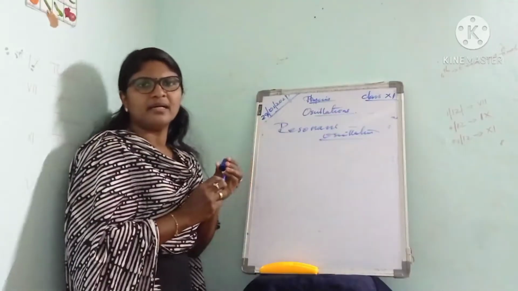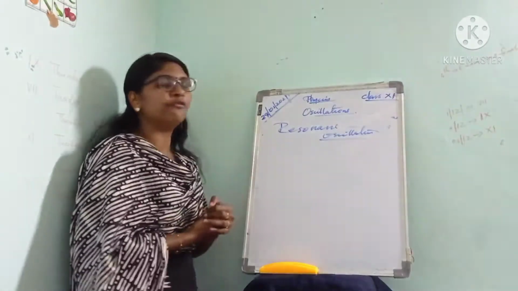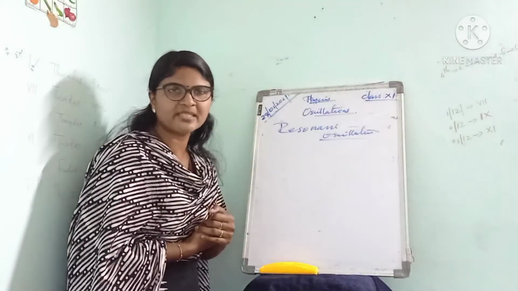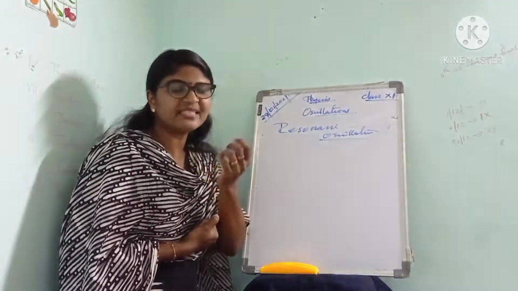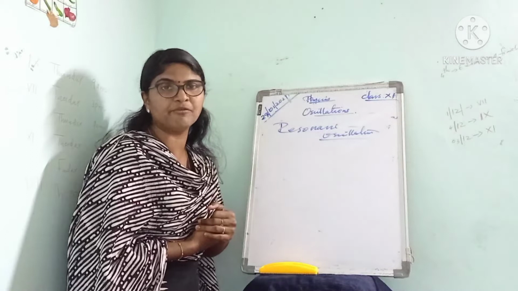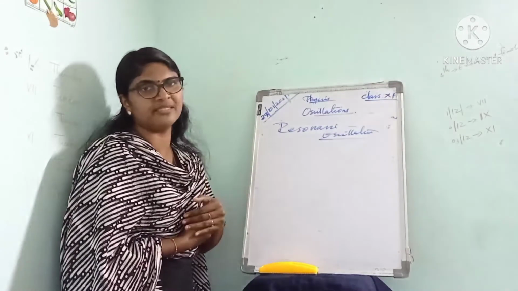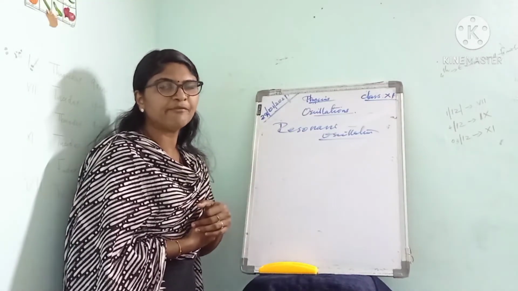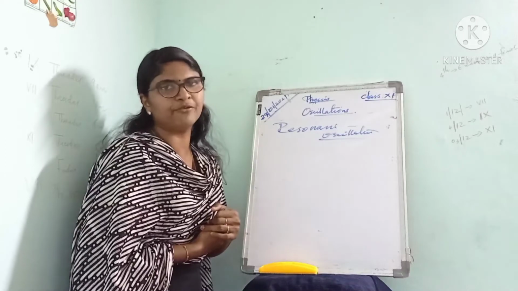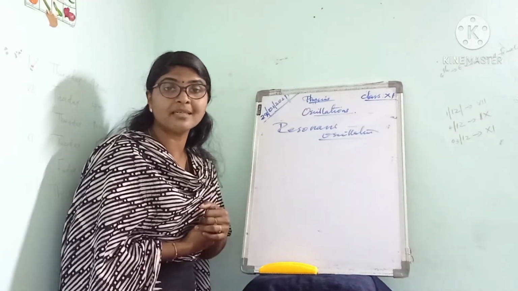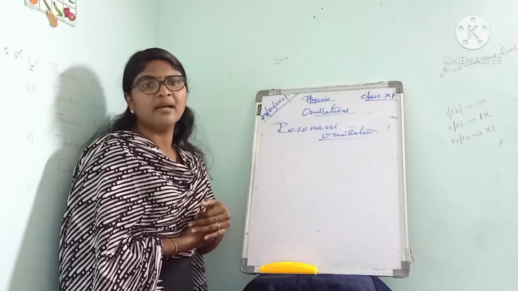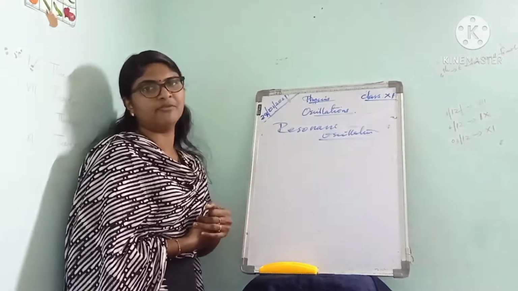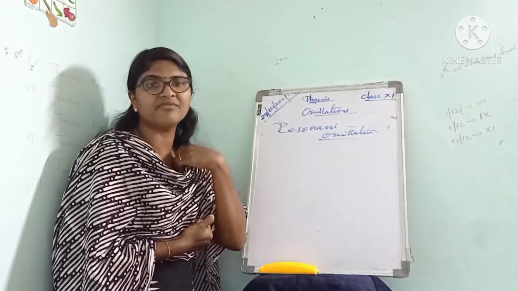Actually, it is a particular case of forced oscillations. In this, the frequency of the external periodic force, which is called the driving force, is equal to the natural frequency of the oscillator itself, and the amplitude of oscillation becomes very high.